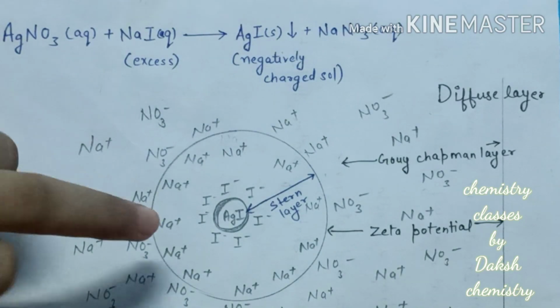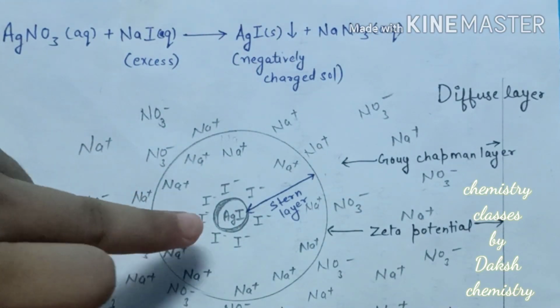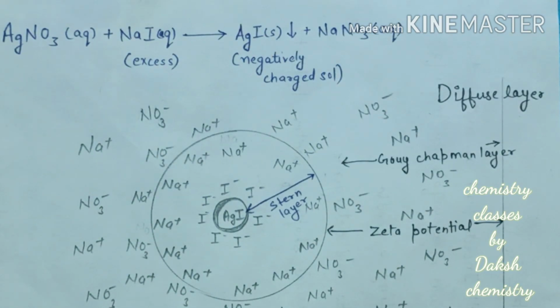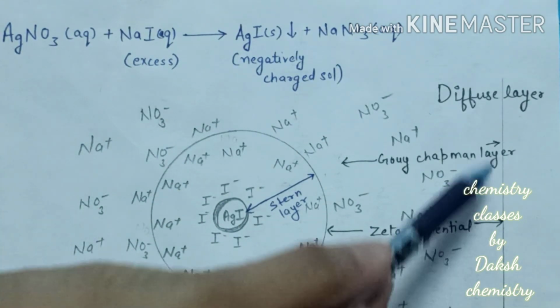At a certain distance, as we move away from the fixed layer on the surface of the colloidal particles, the ion concentration of nitrate ions becomes equal to that of sodium ions. So a state of electrical neutrality exists, which is called the diffuse layer.